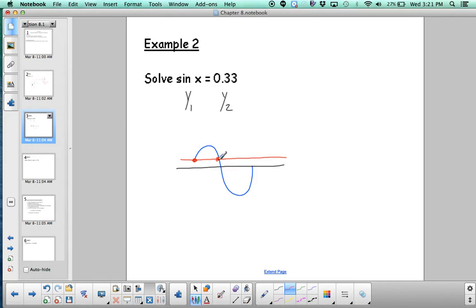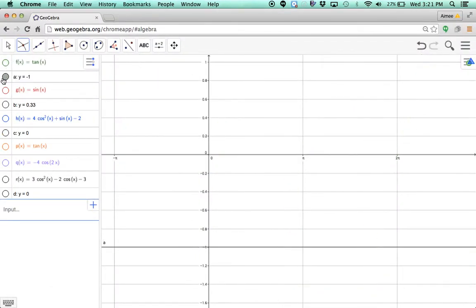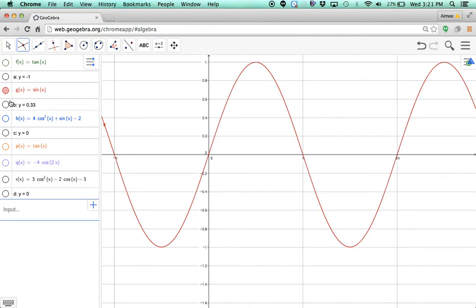Okay, so let's look at a graph. I've already entered these equations in, so here I have sine of x, and you can see one period of sine of x, the period is 2 pi, and then y is equal to 0.33, and that would be this line right here. And just as expected, we see two solutions there, and let's find those intersections.